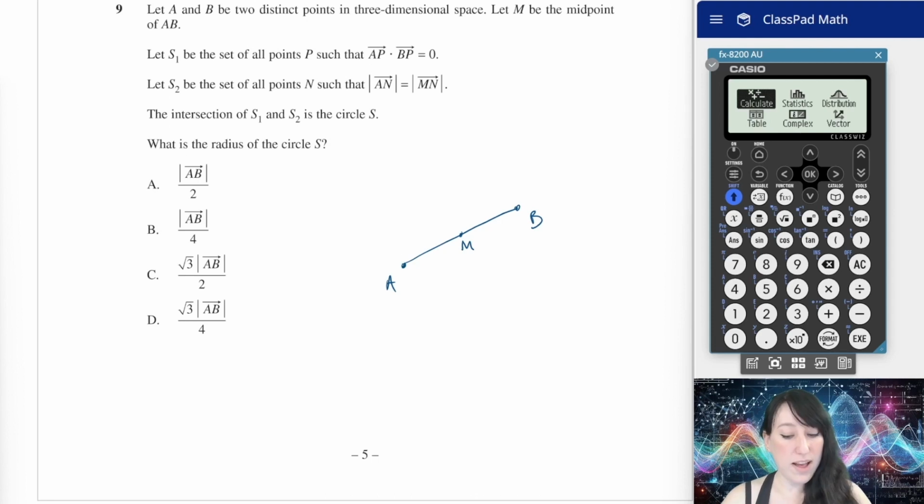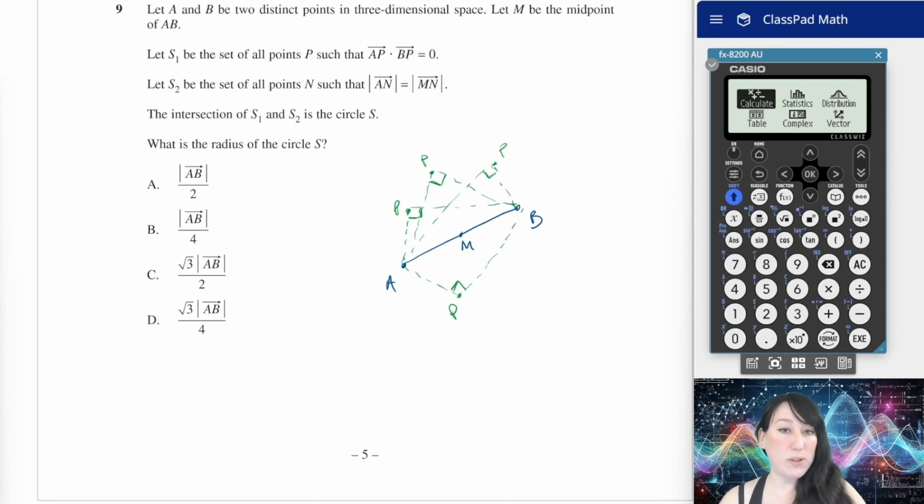I could sketch a few examples. So right now it looks a bit 2D, and it looks like P would, of course, form a circle. However, this is in 3D space, so you can imagine rotating this and having the same thing all the way around. So the points P actually form a sphere where AB is a diameter and M is the center.